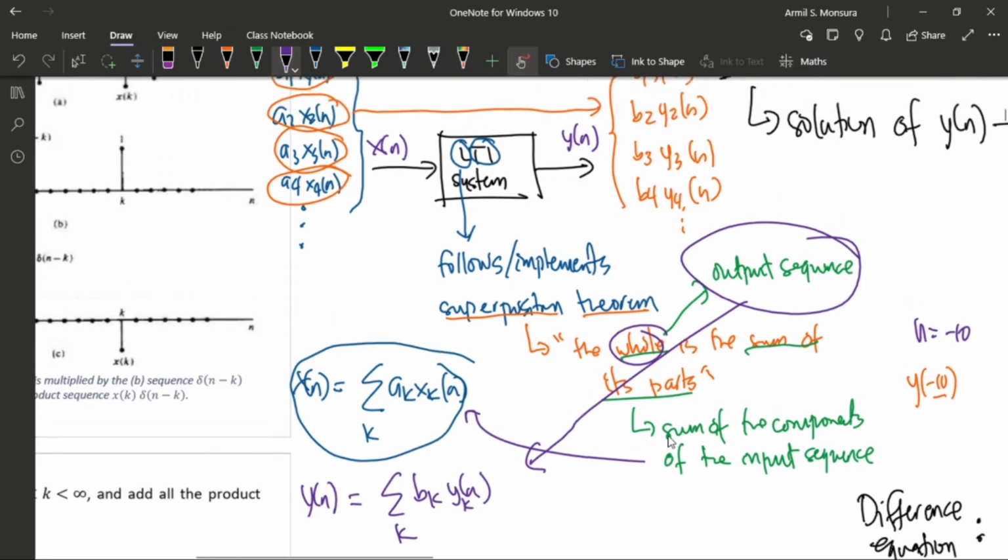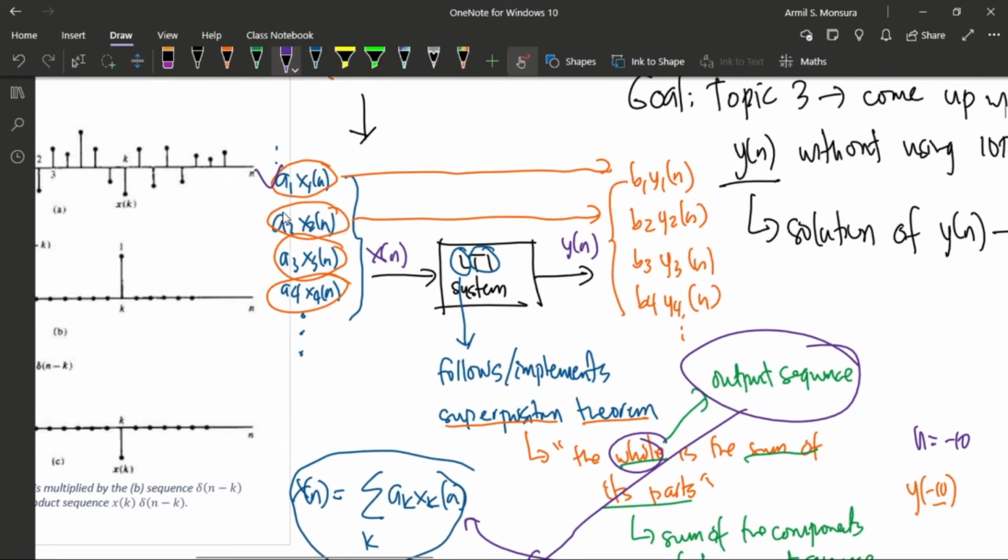That is, we will break down your signals into component sequences, and then we will try to feed these component sequences into your system. And then the output is determined by adding the output sequences generated when these component sequences are fed into your system.